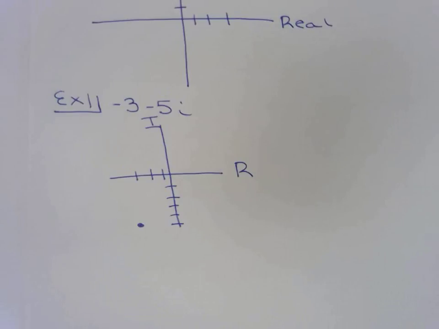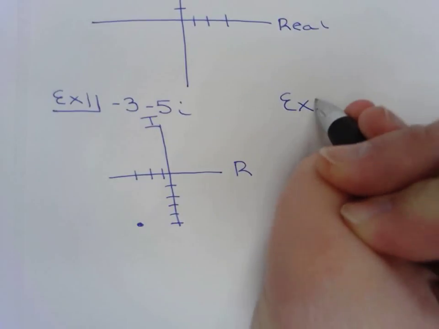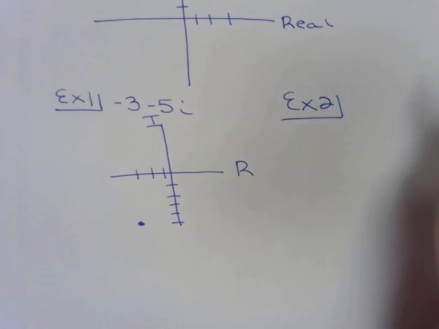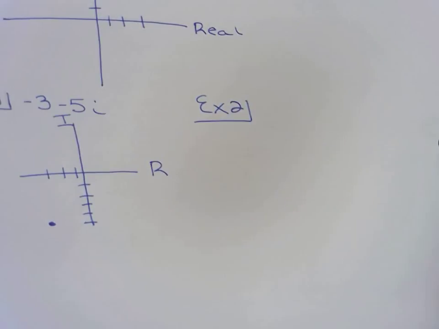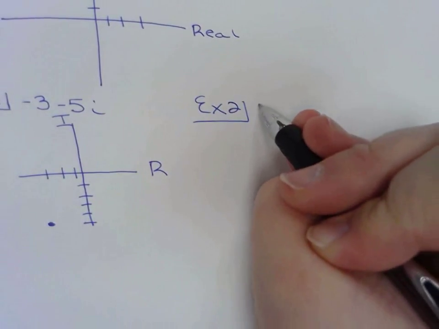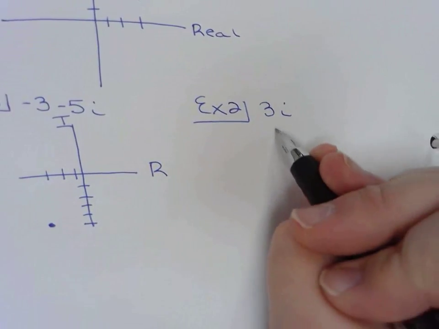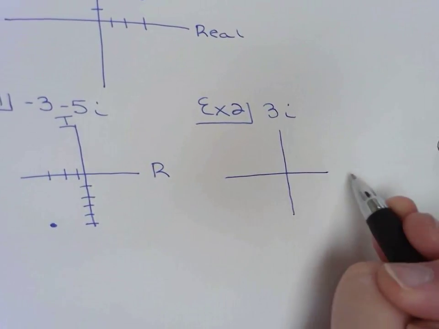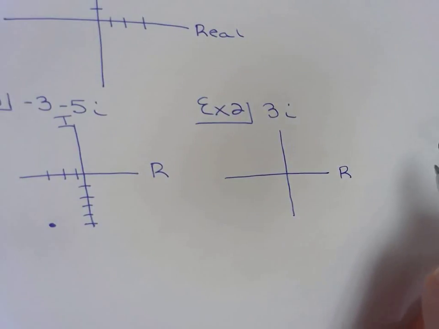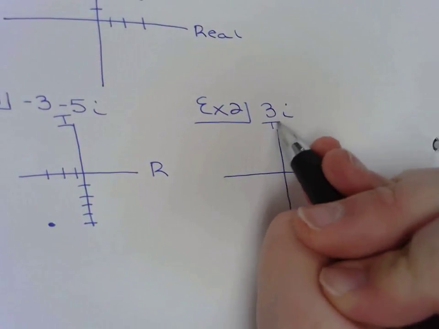That's all you do. If you have one like this, if I didn't have a real part, if I just had a positive 3i, I don't have any real part, so common sense would tell you it would only be imaginary.